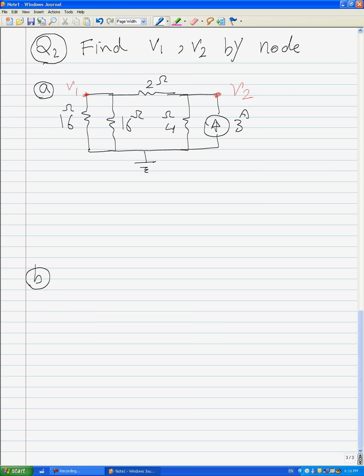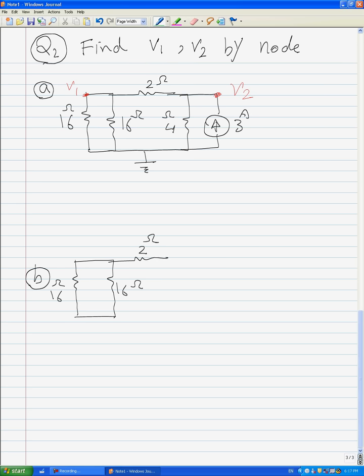For part B, we have the same scenario, only with adding a voltage source. The circuit for part B, again, here we have 16 ohms, 2 ohms.